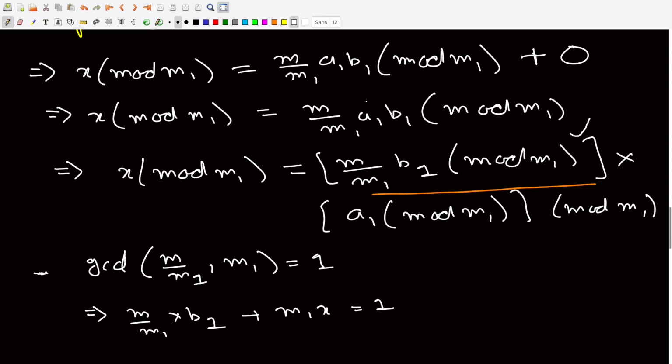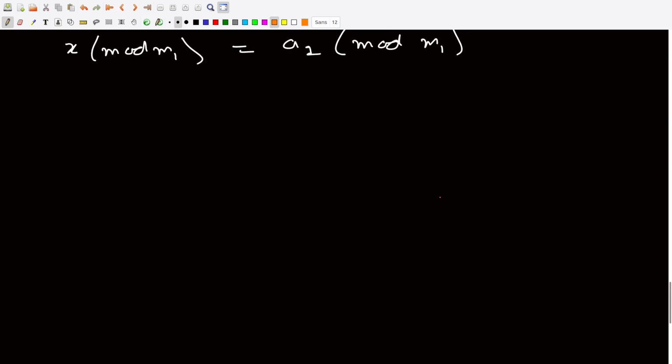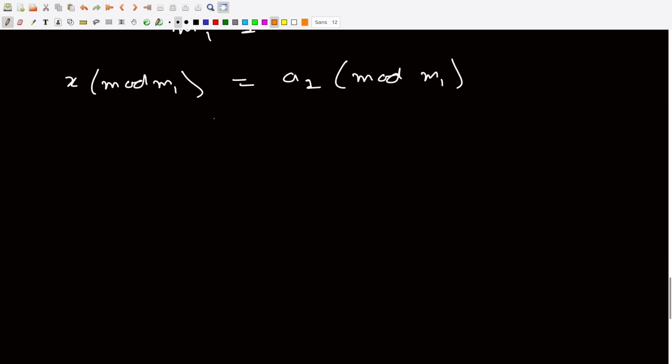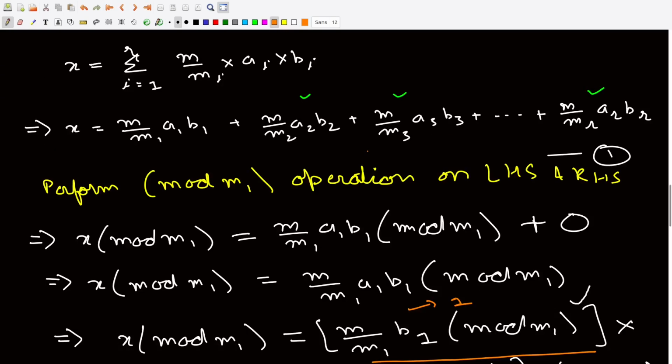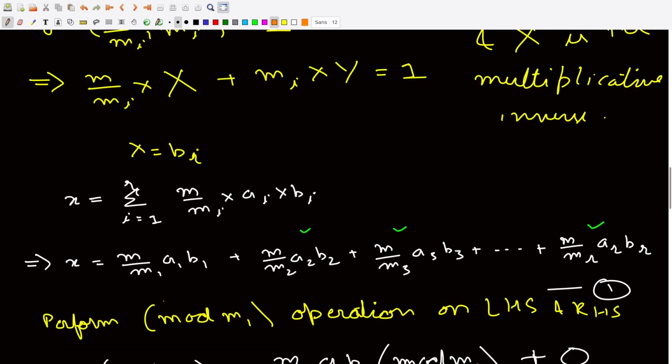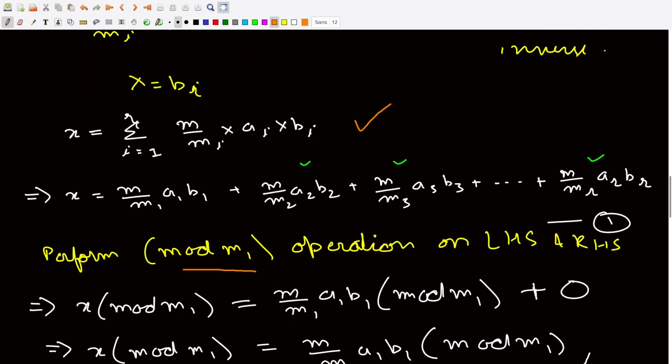So this term translates to 1, and I am writing this as it is. That is how this becomes this, and we can rewrite it as x is congruent to a1 mod m1, right? Remember this equation, which we expanded and then performed the modulo m1 operation on.